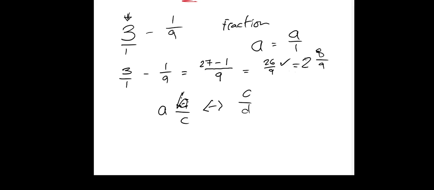So far, so good. What about this example? Let's say we want 14 over 23 minus 6 over 9. First thing I'd probably do is have a look at this one here.